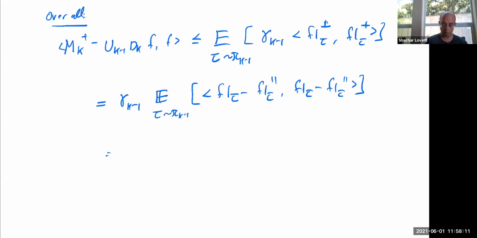So you get this going to be equal to gamma k minus 1, same expectation, tau, and pi k minus 1 of f tau minus the parallel part.